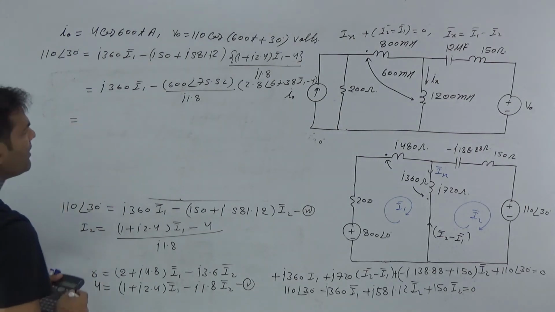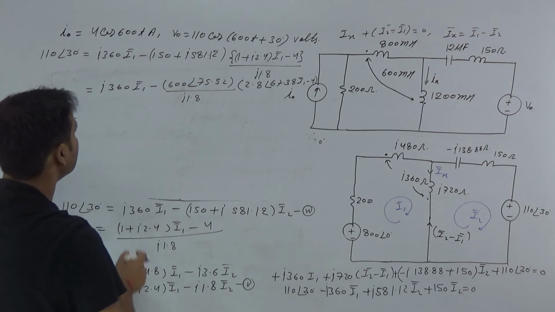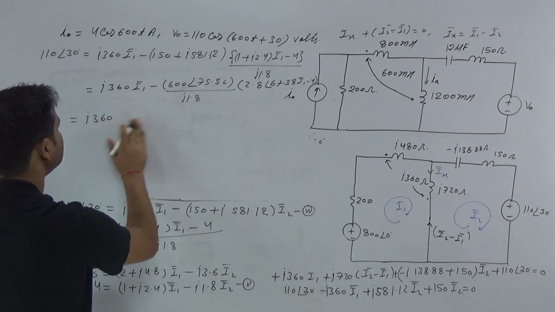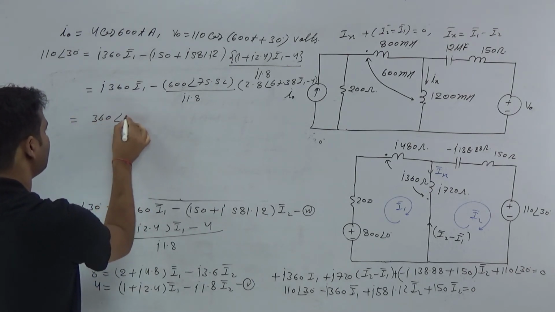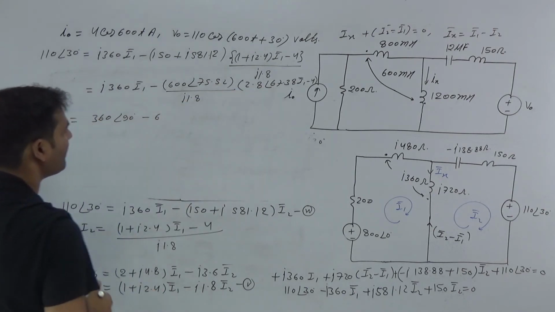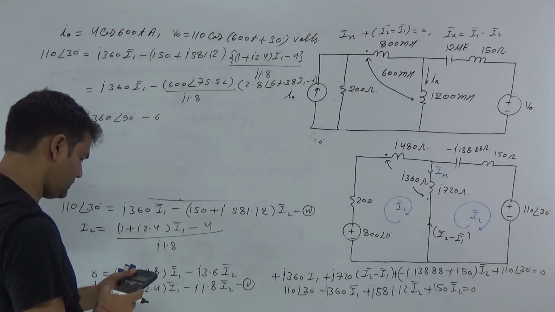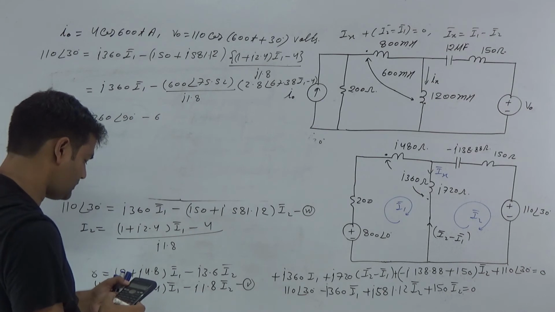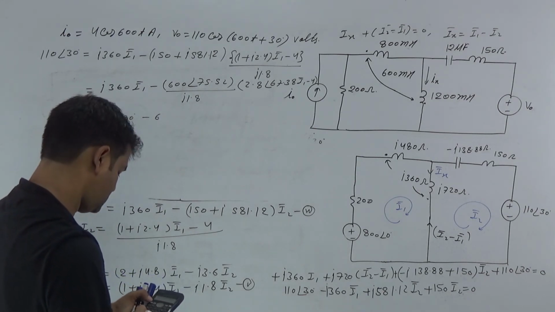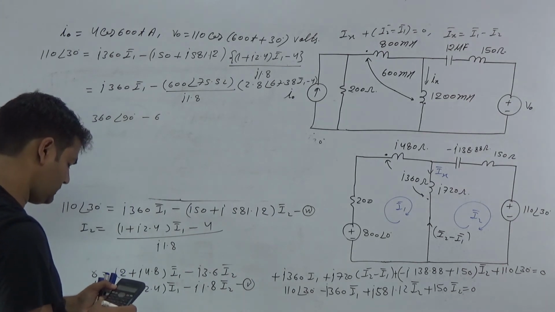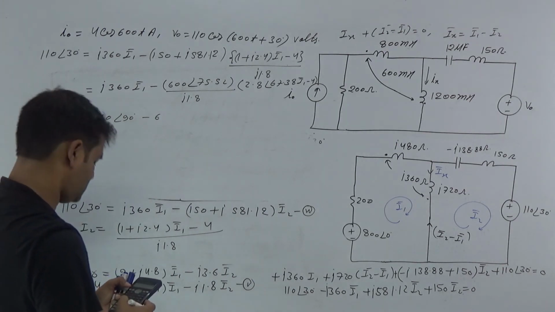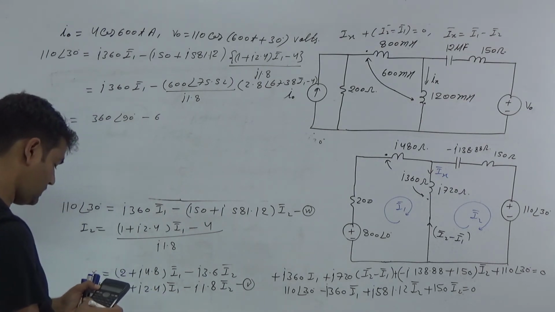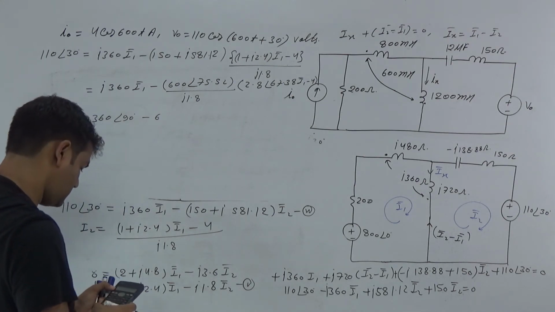Now j360 into I1, if you write it, that is 360 at the angle 90 degrees minus 600 at the angle 75.52 into 2.8 at the angle 67.38, converted into this one and divided by this one, whole division by 1.8 at the angle 90 degrees.